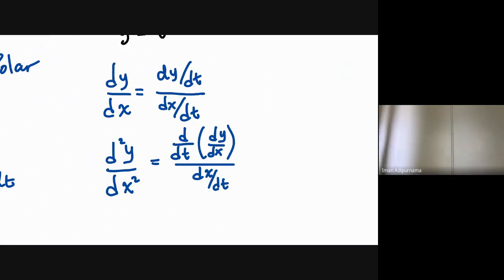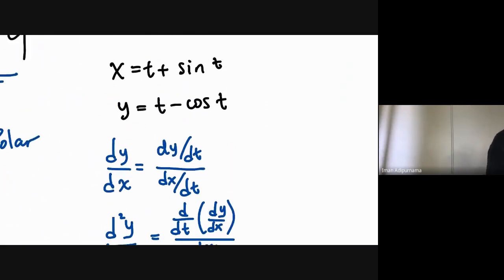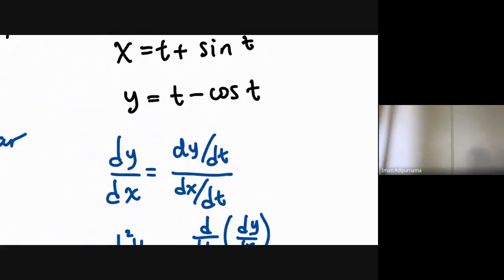Okay, now for the question, we need to find dy over dx, the first derivative, from x and y, and put it into our equation here, and that becomes our slope, right? From that slope, we need to differentiate once and then divide by dx over dt, and that's the answer.